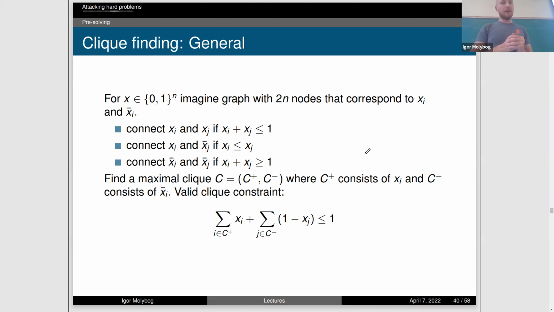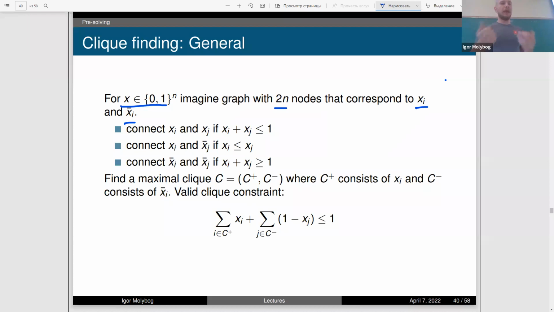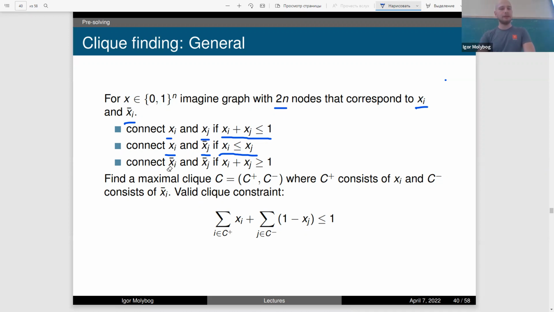So let's say that we have a problem that is based on less than or equal to xj, and we connect xi bar and xj bar if xi plus xj greater than or equal to 1 is an inequality in our problem.